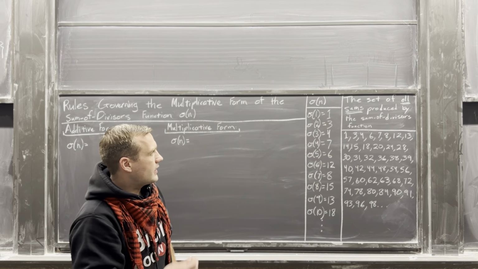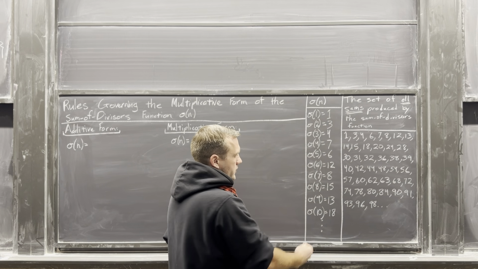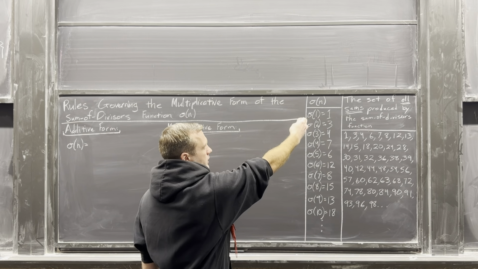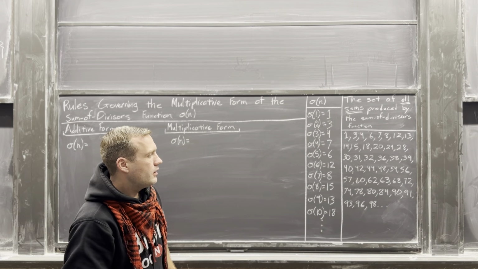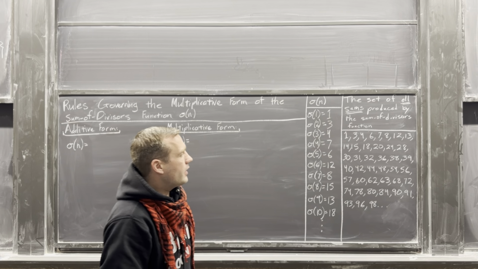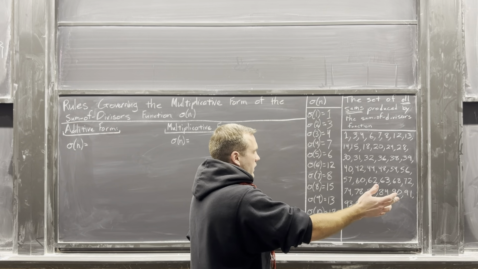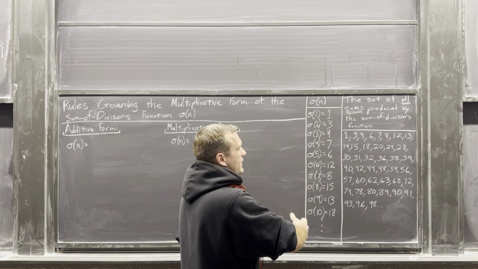One of the first things I did was take these outputs. I looked at the first 100 numbers, when n is 1 through 100, and looked at the sum of their divisors. I took all these outputs and organized them.